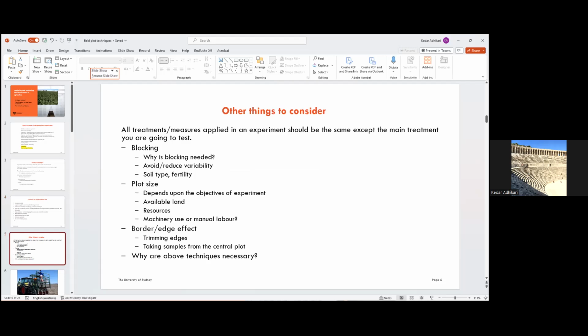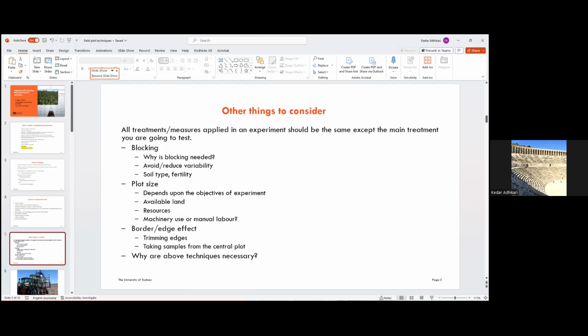The other thing to consider while doing an experiment is to minimize the variation. What you want to do is test something so that only that particular component is variable, and all the other treatments are constant.